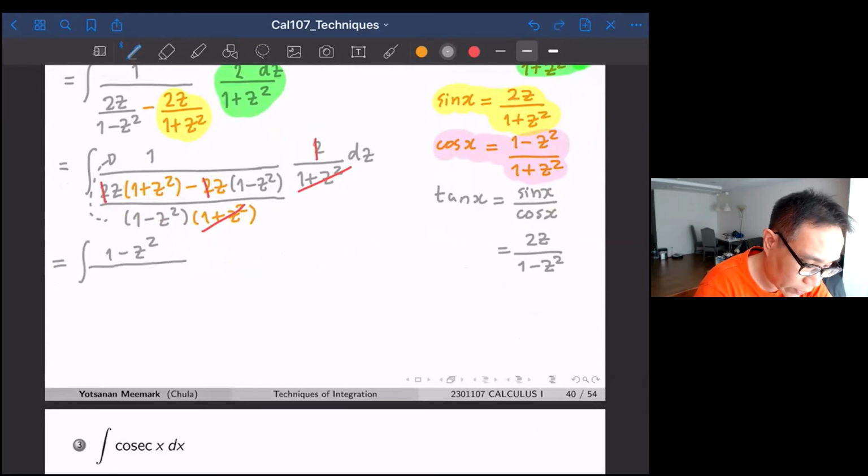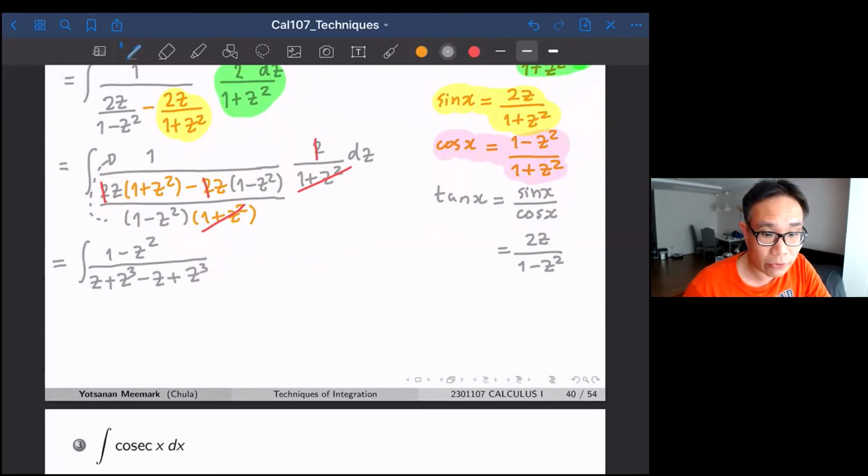So the thing that you have sitting on the bottom is z plus z cube minus z plus z cube. So this one we will be getting rid of, and it's going to be 2z cube.